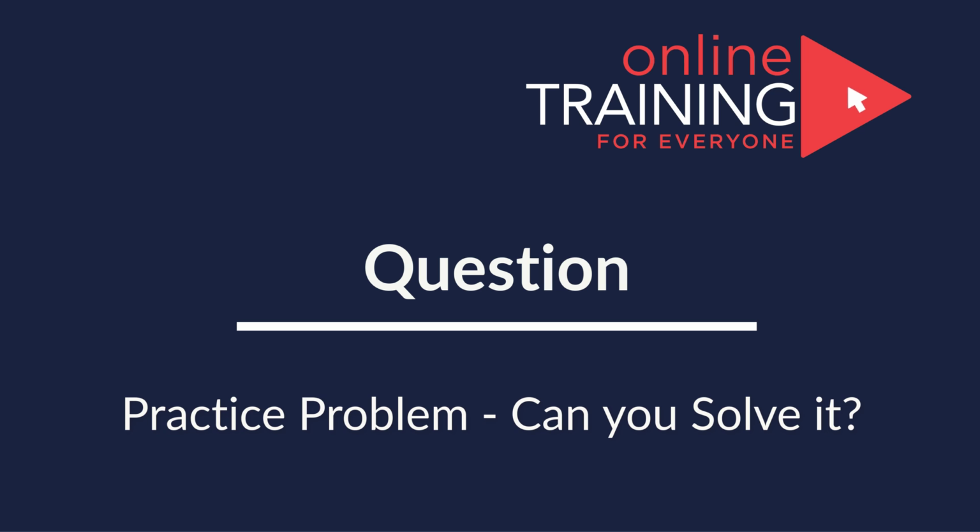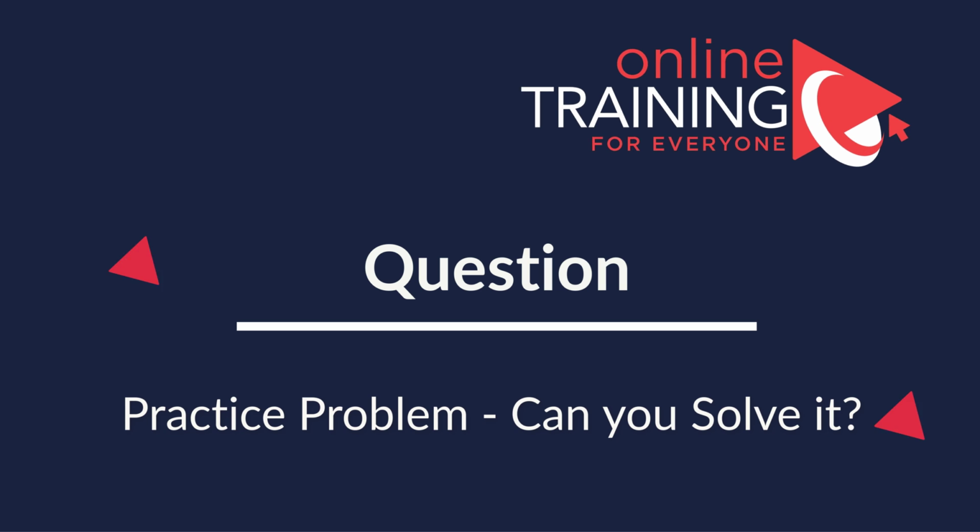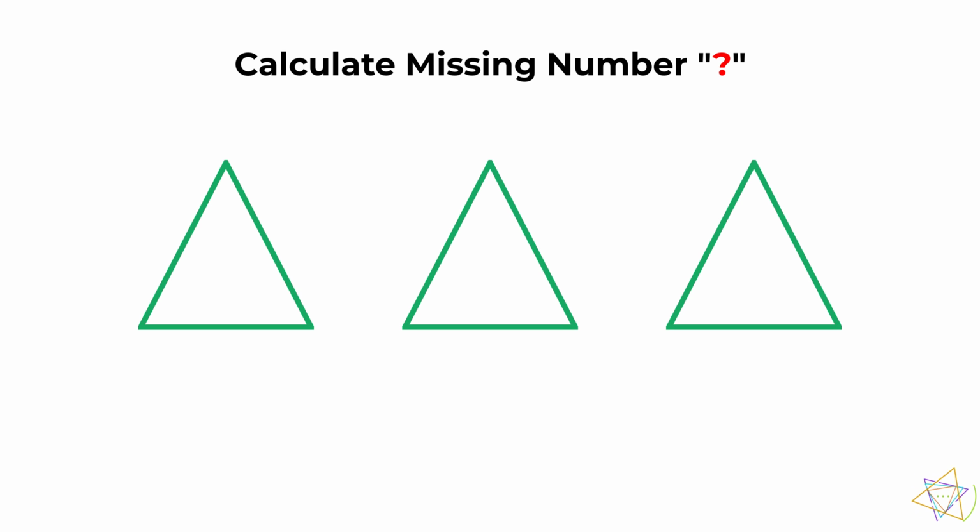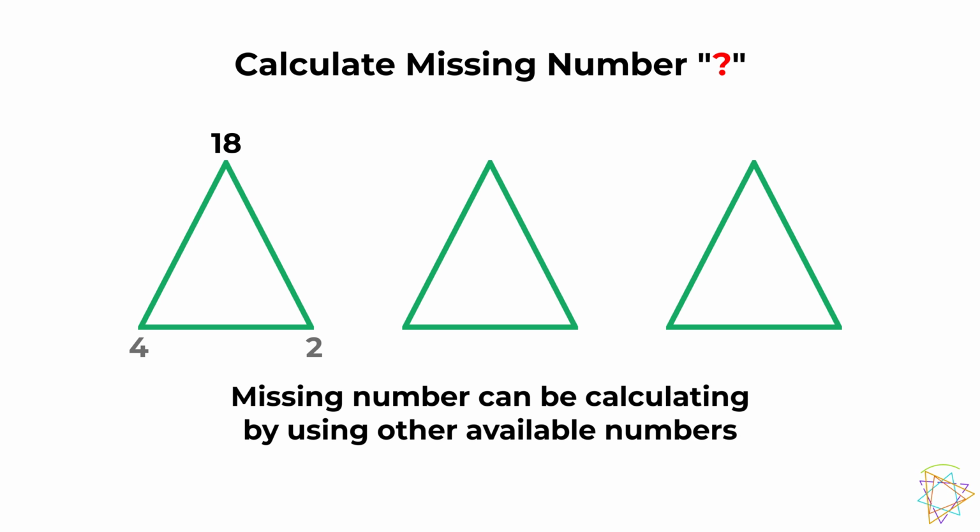Here's the question for you to practice. If you calculate the answer to this question, please make sure to post it in the comment section of this video. You need to calculate the missing number, and you're presented with 3 triangles. Each triangle has numbers in the corners as well as in the middle. First triangle has number 18 on the top, numbers 4 and 2 at the bottom, and number 3 in the middle.